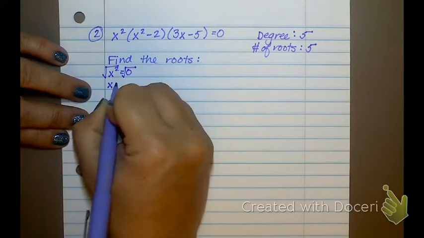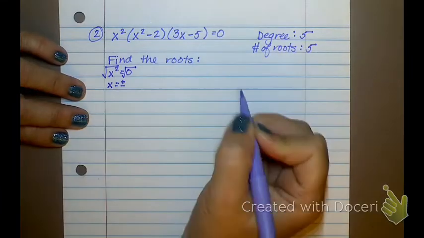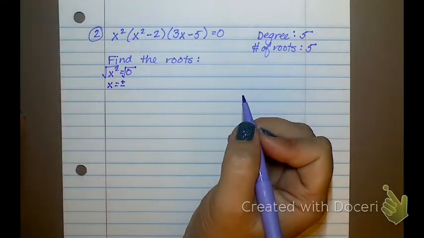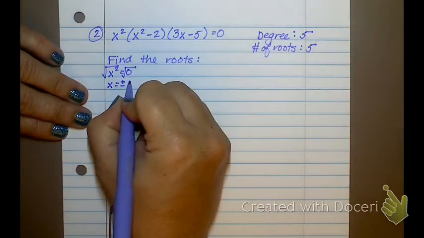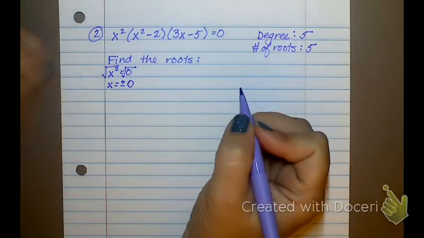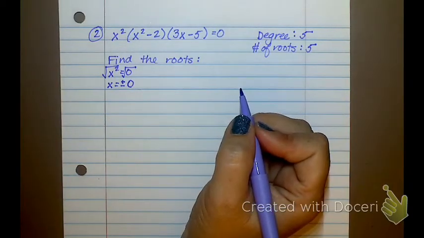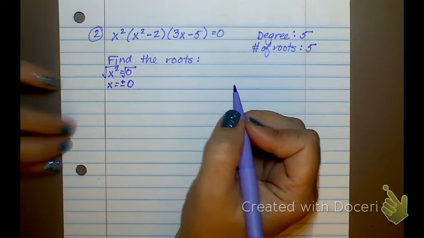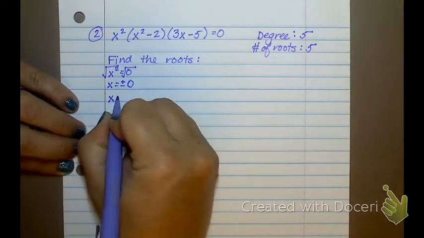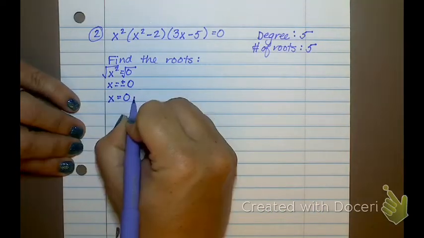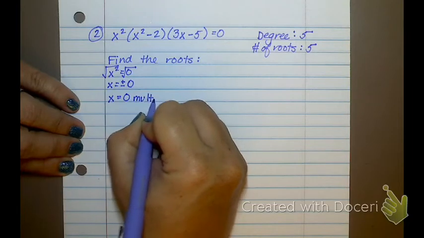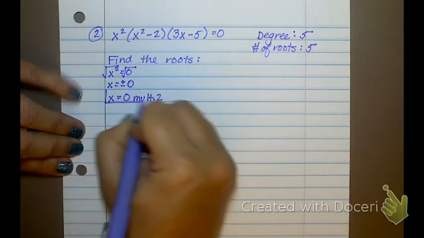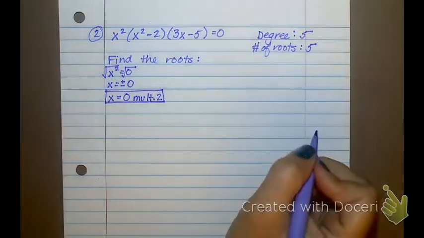That gives me x equals plus or minus, because when we take a square root, we always have to do plus or minus. What's the square root of 0? 0. Now, does it make sense to say plus or minus 0? No. Makes no sense whatsoever. So I'm going to say x equals 0, but we have a multiplicity of 2. So that's 2 of my 5 answers.